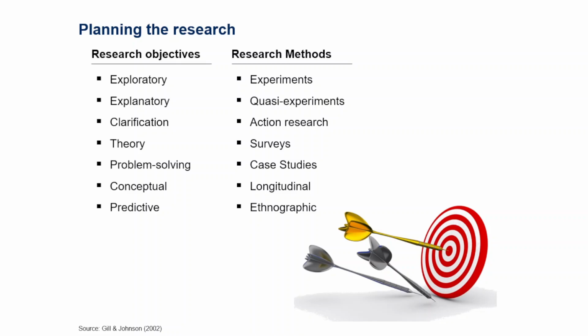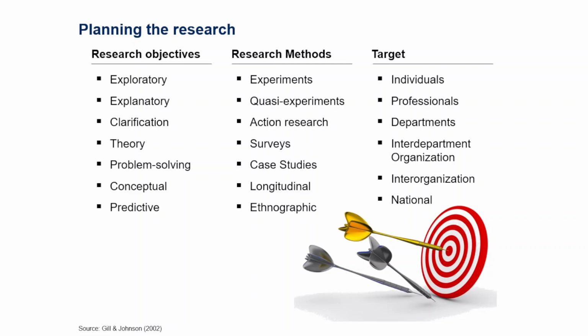Then we have surveys that we can conduct, case studies, specifically looking at a company or at 2 or 3 companies or a sector. There's longitudinal research, which looks at developments over time. And there's ethnographic research also, which looks at specifically cultural developments and cultural questions.